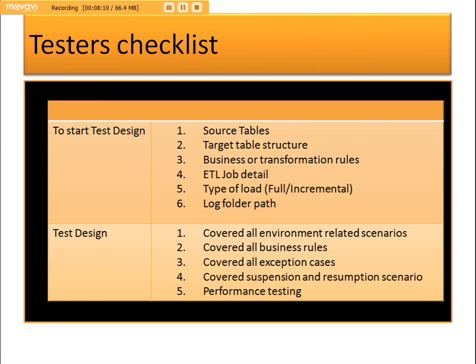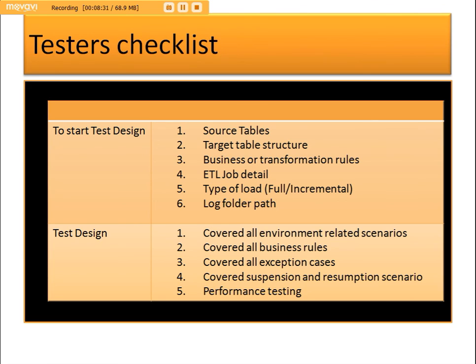These are the tester's checklist. To start the test design, we should have the source table information, target table structure, business transformation rules, ETL job details, type of load, and workflow log or session log path.